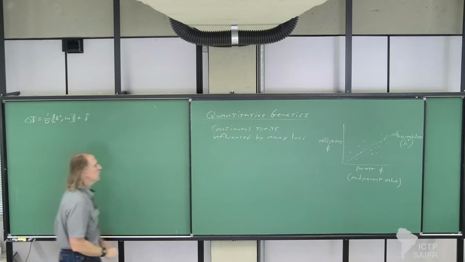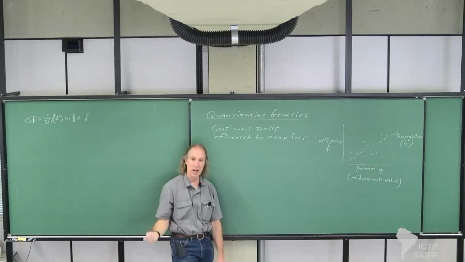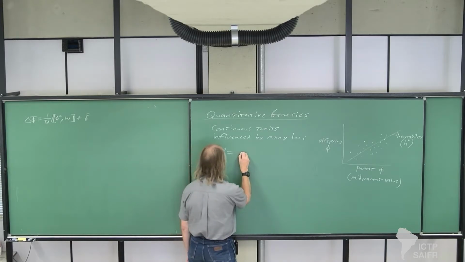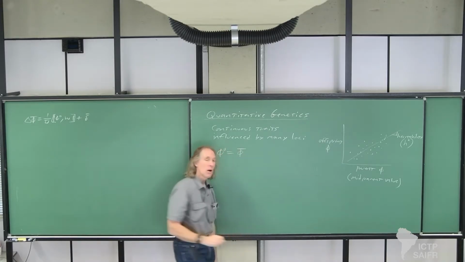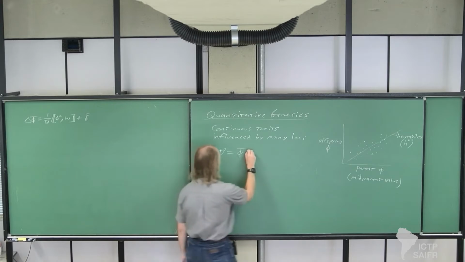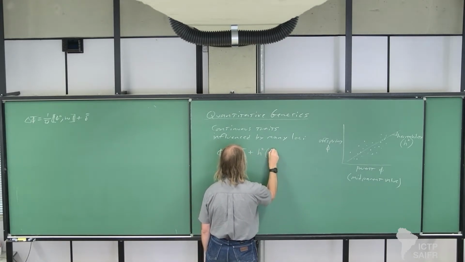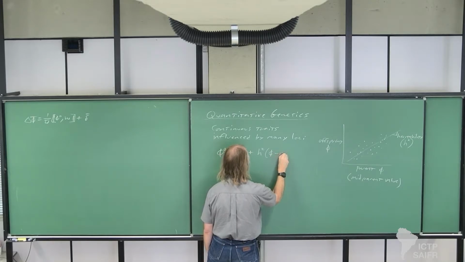How do we get phi offspring? Well, if you make the quantitative genetic assumptions, phi offspring is equal to the mean phenotype in the population plus heritability times the phenotype of parents minus the mean.